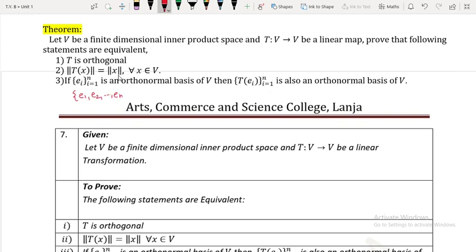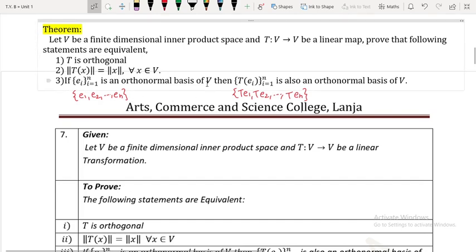So what it is saying is, if we take the images of each vector, T of E1, T of E2 and T of En, then that set is also an orthonormal basis of V. All these three statements are equivalent.